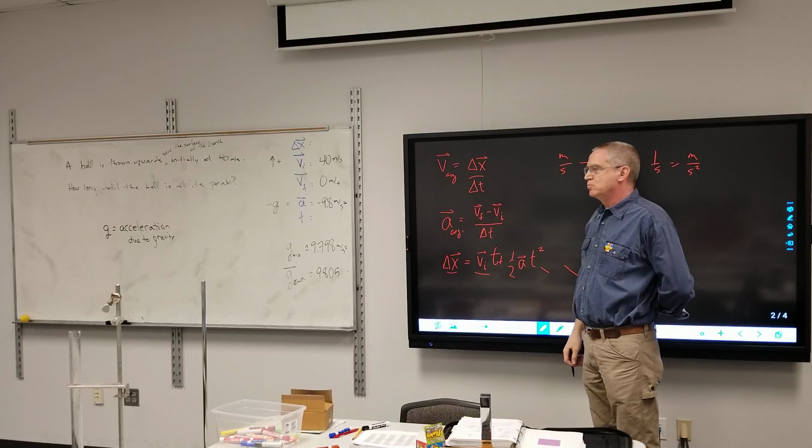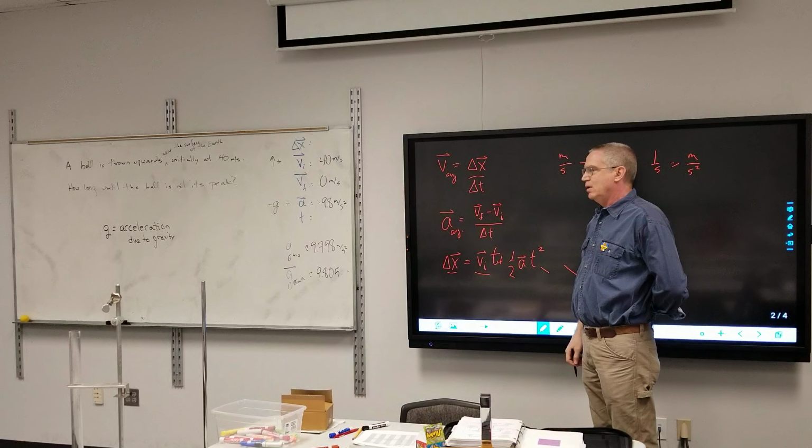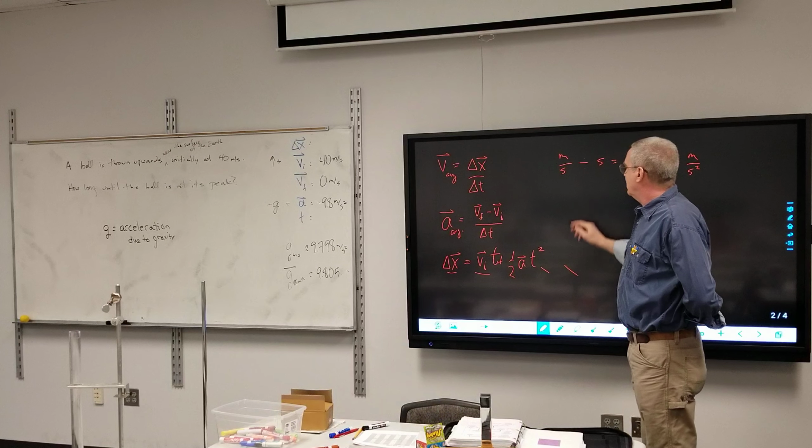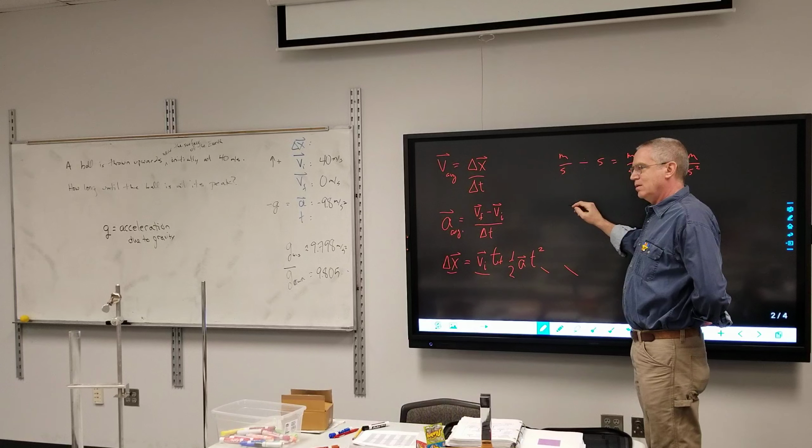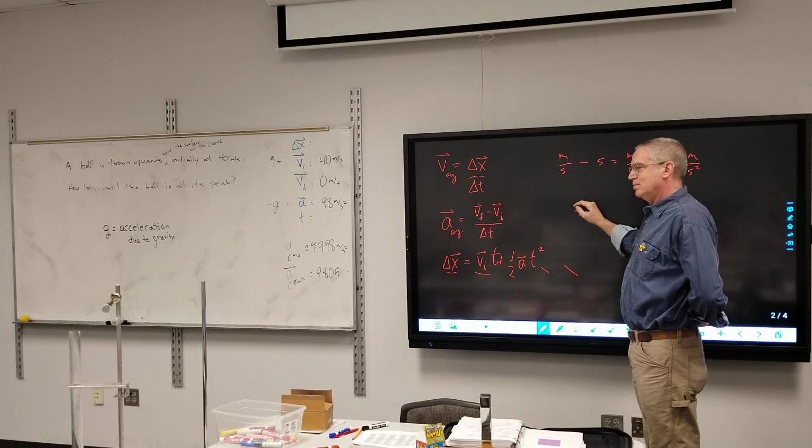Then the one for average velocity, so the second one for it would be final velocity minus initial velocity over... It's a number. What's the number?